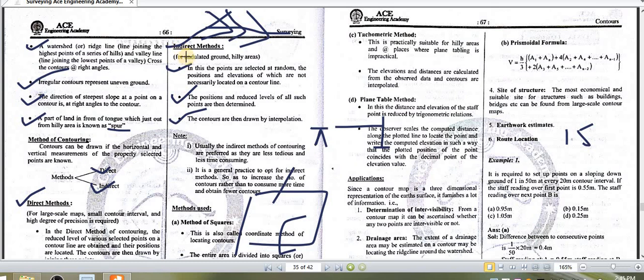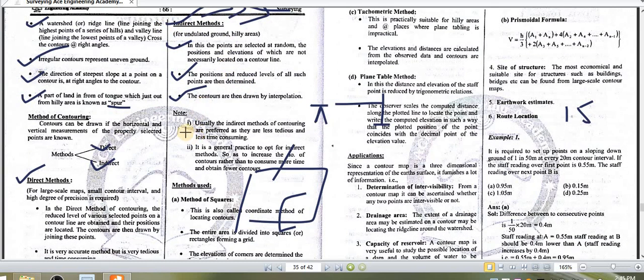So this is the most common method, the indirect method, and a very effective method. Usually the indirect methods of contouring are preferred as they are less tedious. As I have told you, the direct method is not used in practice because it is very time consuming, so you need to use the indirect method only.